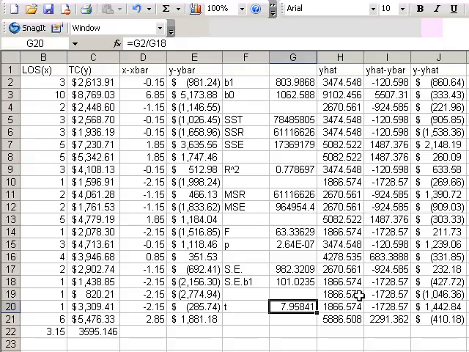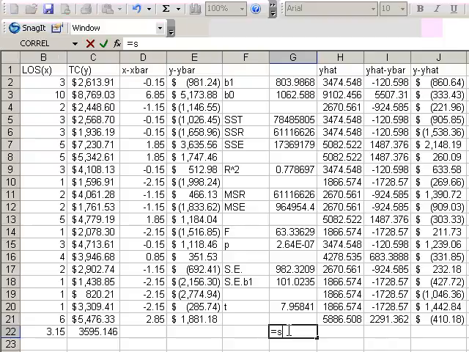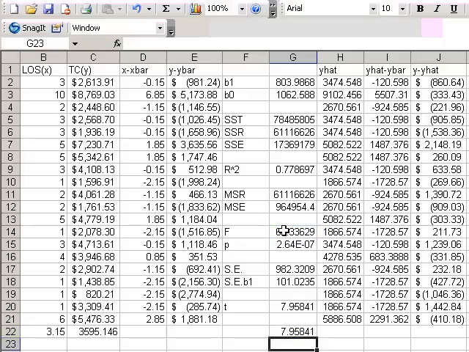One of the characteristics of this t value is that in the case of simple linear regression, it is the square root of the f value. To see that, I will put right here the square root of the f. Exactly the same value.